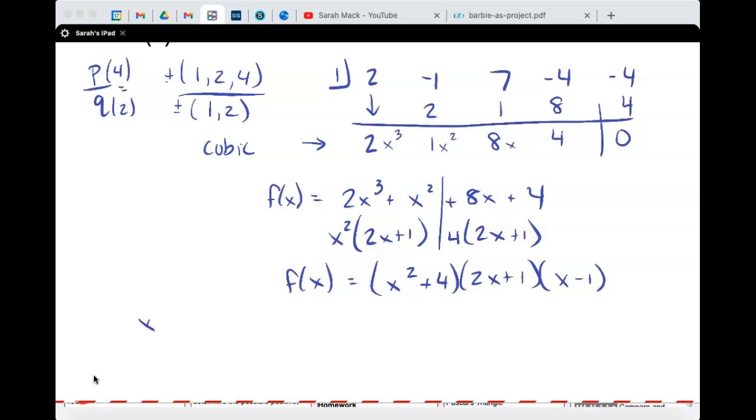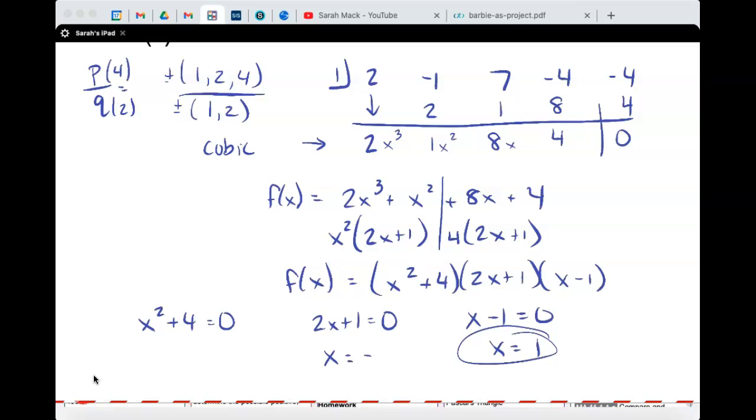So I can have x squared plus 4 equals 0, 2x plus 1 equals 0, and I already know x minus 1 equals 0, so that gives me a zero of 1. That's the one we tested. Solving for x in 2x plus 1, I should get negative 1/2.